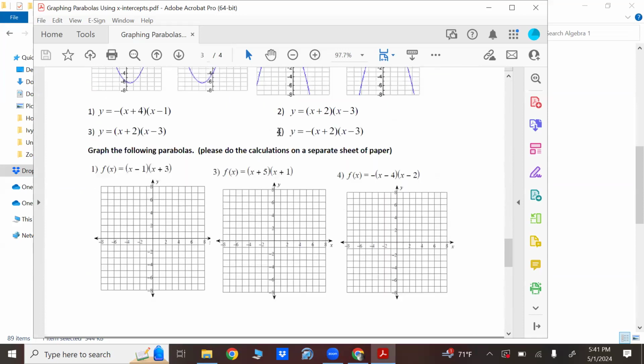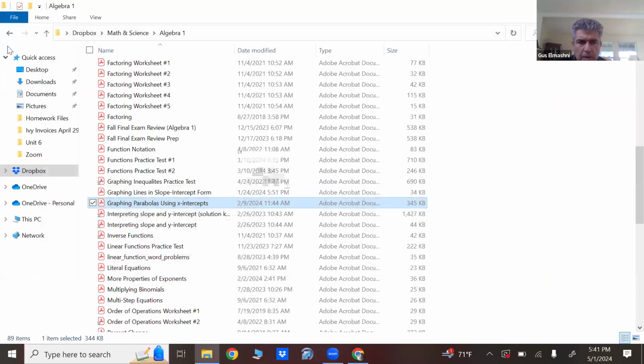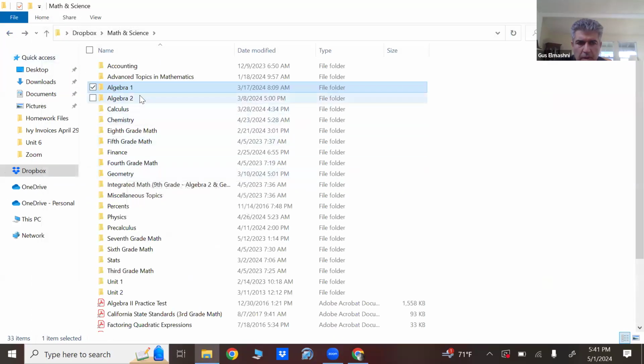Hmm. It's not quite what we saw in your worksheet, so let's look at my Algebra 2 folder. It might be a little better.